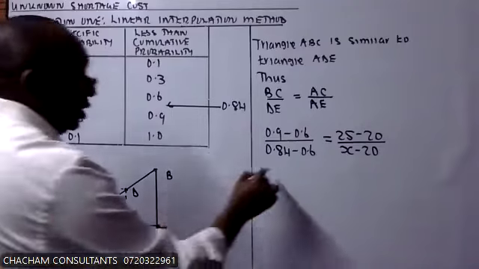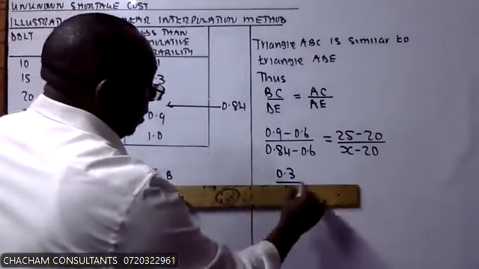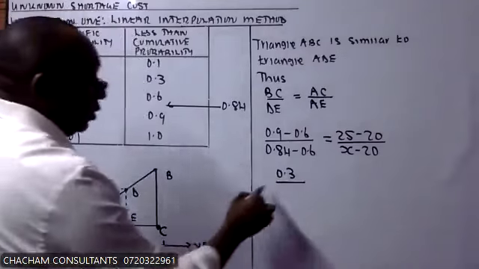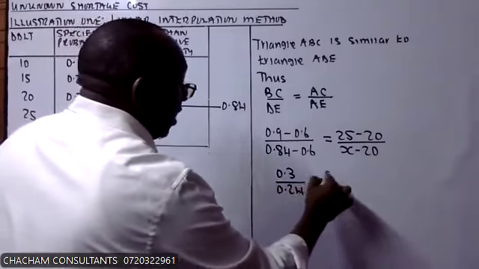So this one you can see is 0.3. This is 0.24. This is 5.